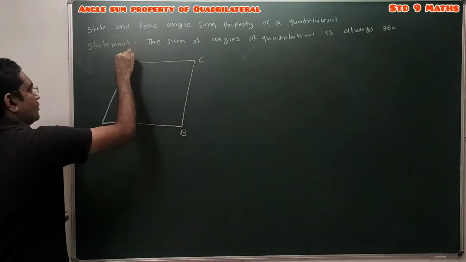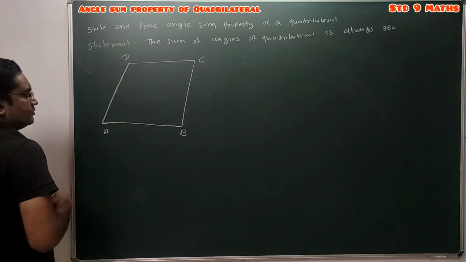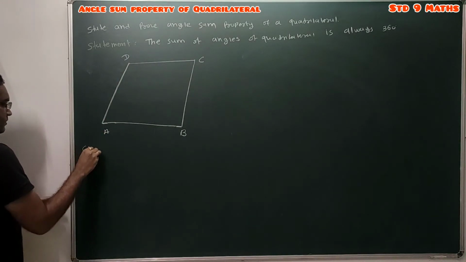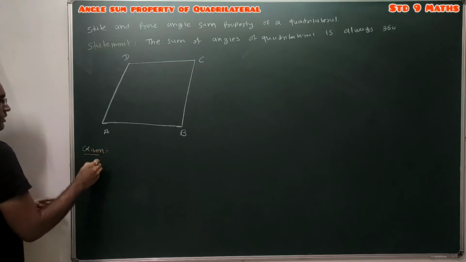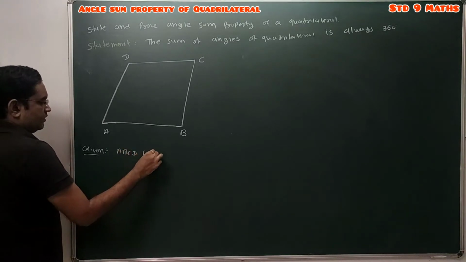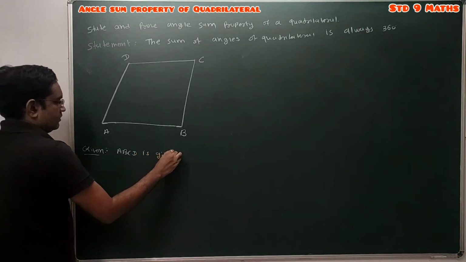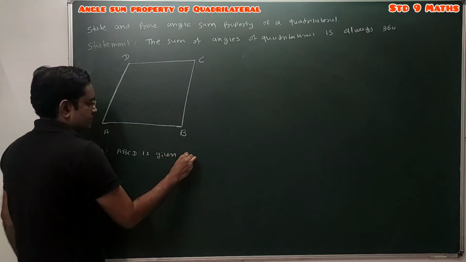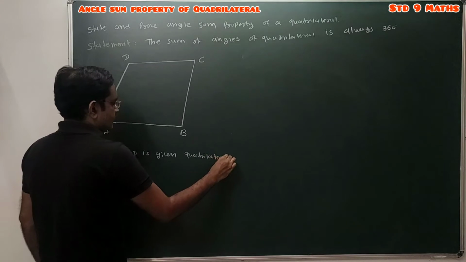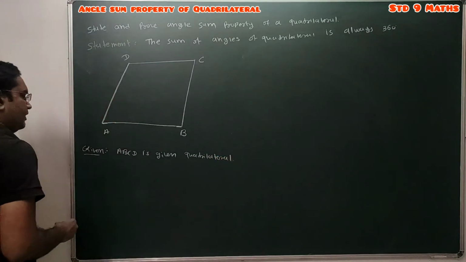So here given: ABCD is the given quadrilateral.